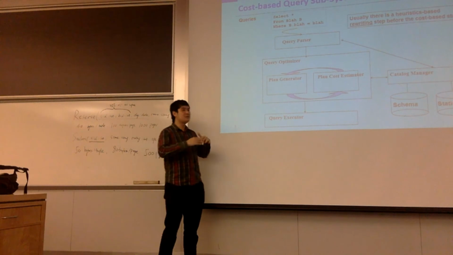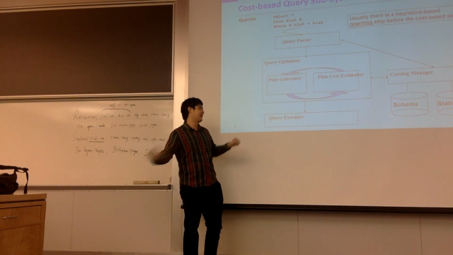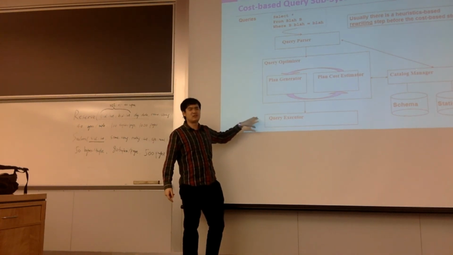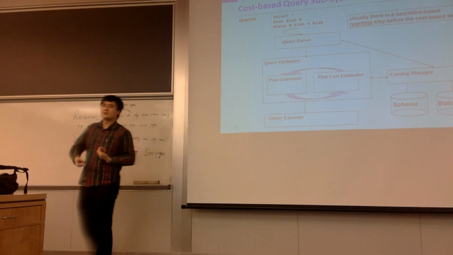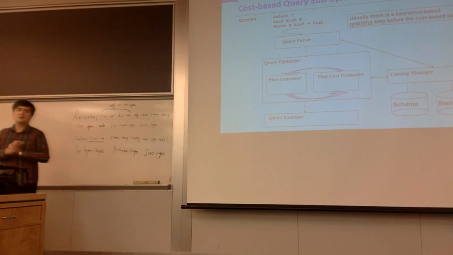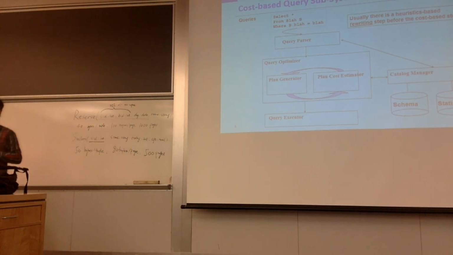But as time goes by, you execute queries over the same table again and again, and the query executor collects a lot of statistics about the tables. It might have a histogram on some of the columns that frequently appear in joins, or the number of tuples in one of the tables, or how many distinct values you have in that table. Those all serve the purpose of cost estimation.